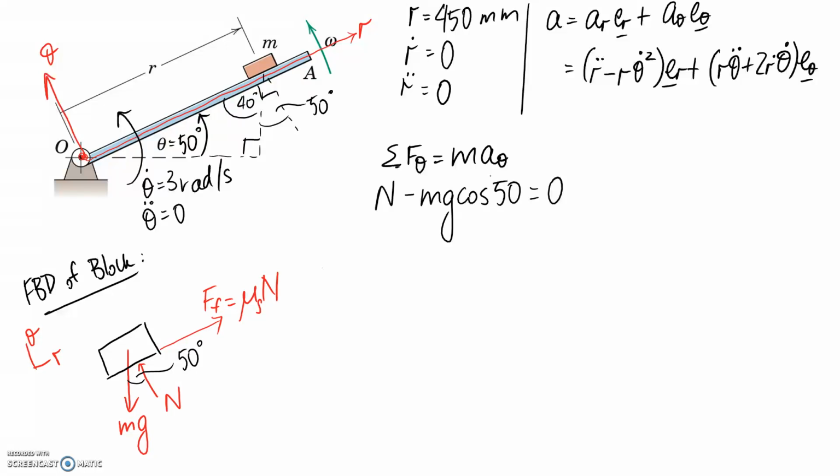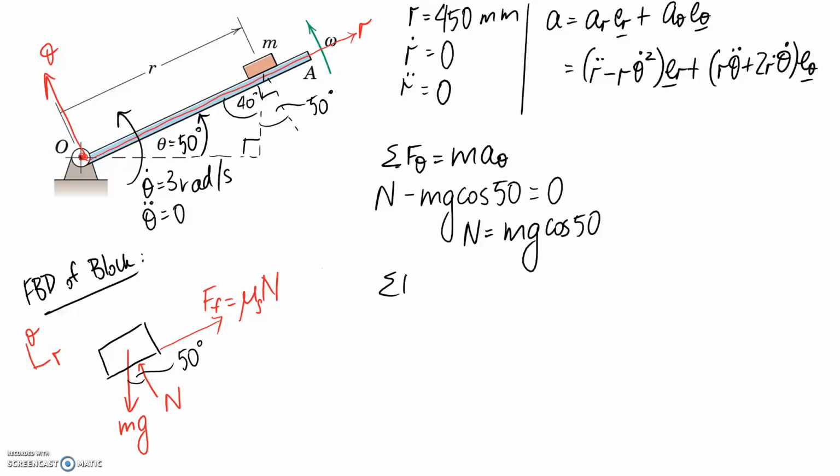If it was unrestricted and we could have motion up and down perpendicular to the ramp, then of course we'd use this one in here. So if we rearrange for n, we're going to get it equal to mg cos 50. We're going to be able to use this in a second to put into our friction equation.